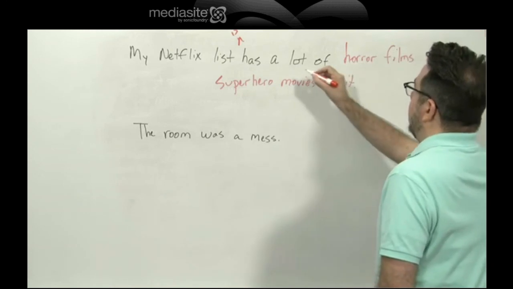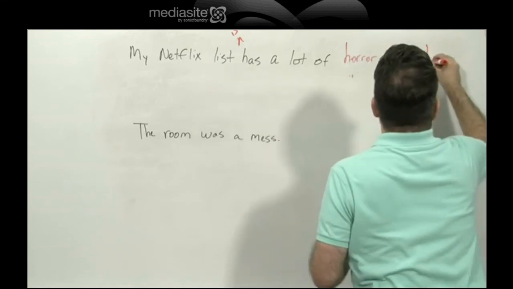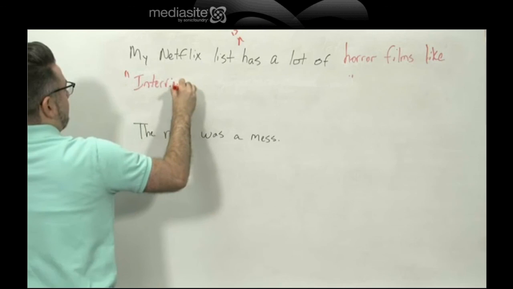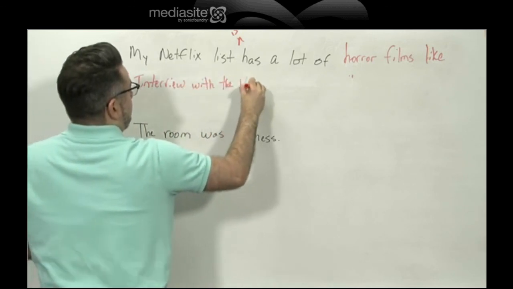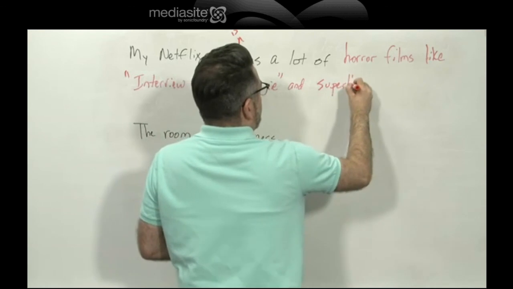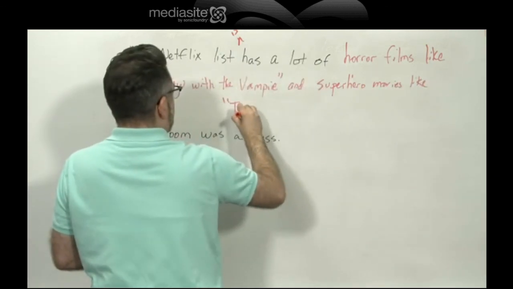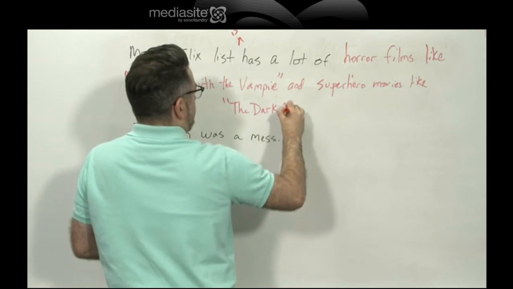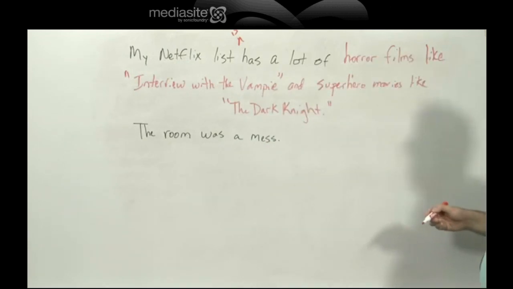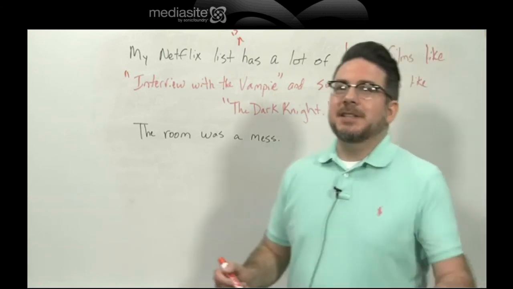What if instead of just saying, has a lot of horror films, my Netflix list is long and has a lot of horror films like Interview with the Vampire and superhero movies like The Dark Knight.